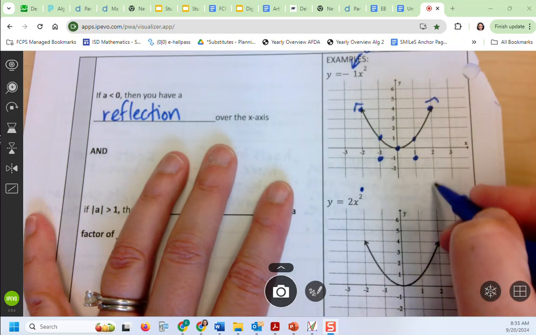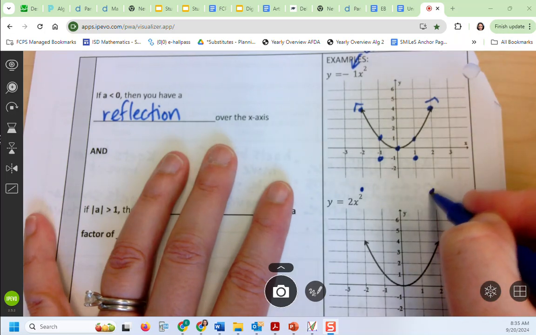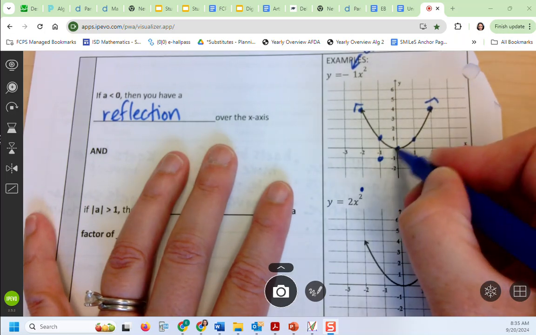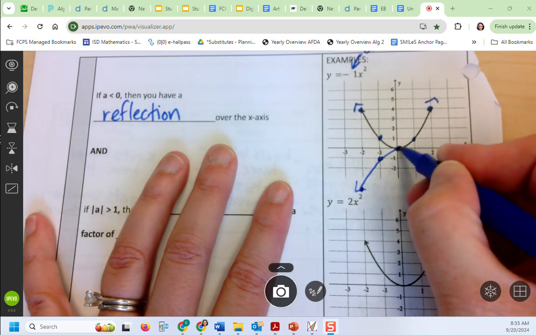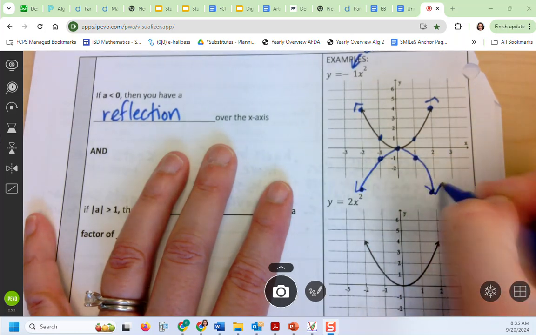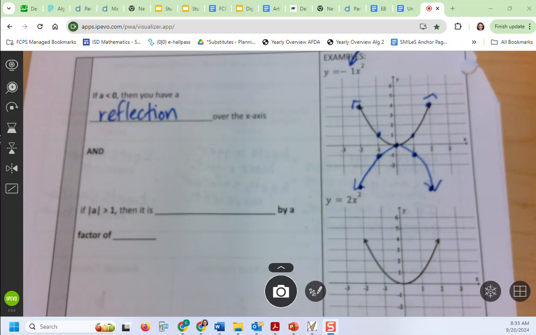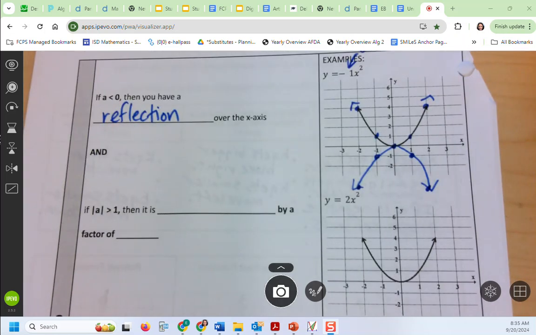And then 2, 4 needs to go down 4. And this is what we're graphing. So you want to show those points to show that you graphed exactly and you didn't just estimate where it goes. I moved those points, I reflected them across the x-axis.